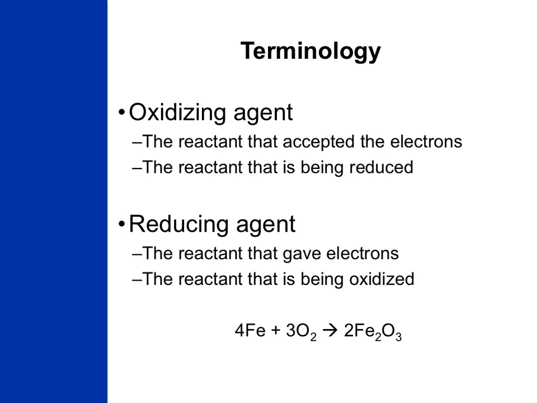If we look back at our example with the iron(III) oxide, we know that the oxidation states of all the atoms are 0, 0, +3, and -2. We can then follow how the electrons are moving, so the iron goes from a 0 to a +3. We know that's a loss of electrons, so that is being oxidized and is then the reducing agent.